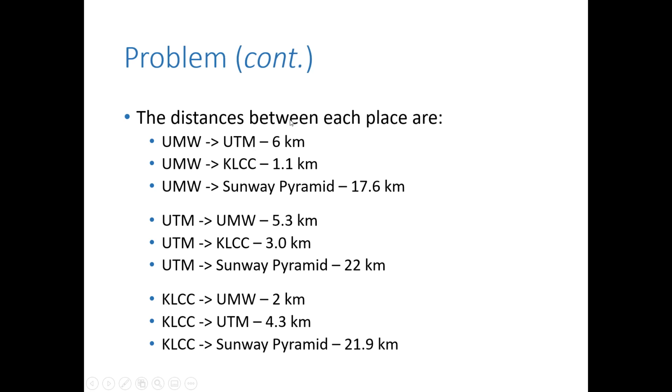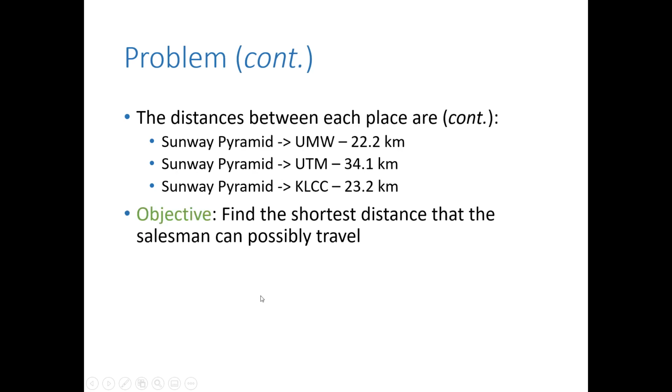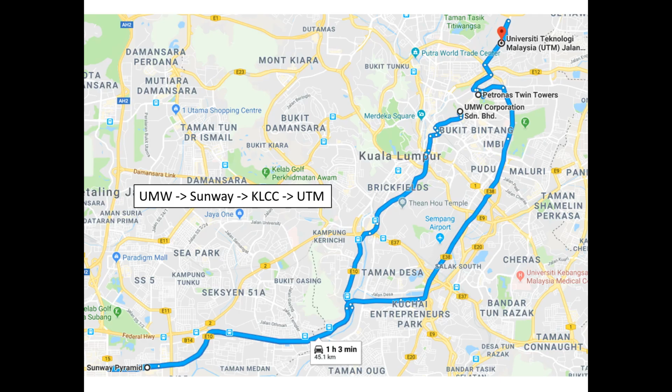So these are the distances between each place. From UMW to UTM is 6 kilometers, UMW to KLCC is 1.1, and so on. All the distances are given here. Objective: find the shortest distance that the salesman can possibly travel. We can do this using a genetic algorithm.